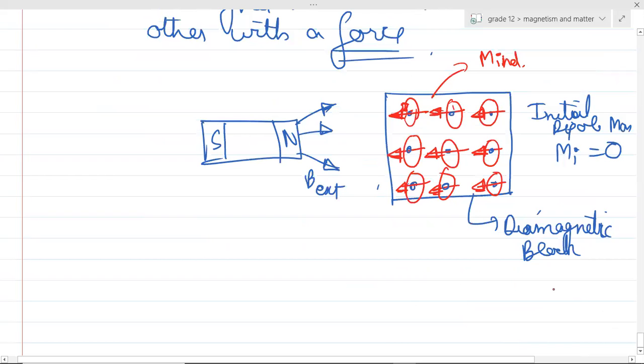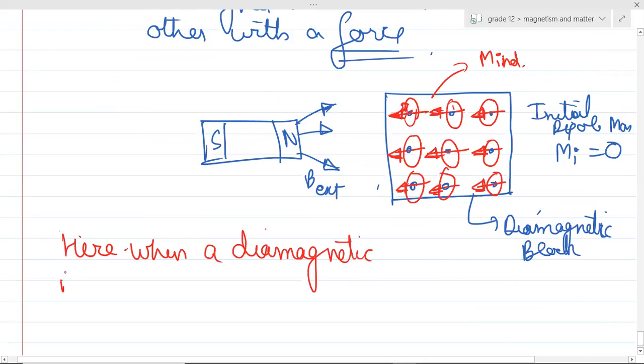And can you see over here? Here, when a diamagnetic block is placed, how much time is left? The time is over. So we'll just write this statement, and we'll write some more points in the next class.